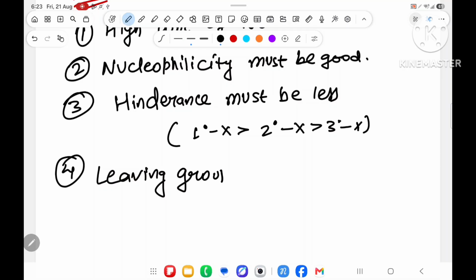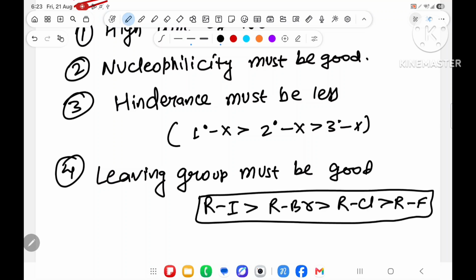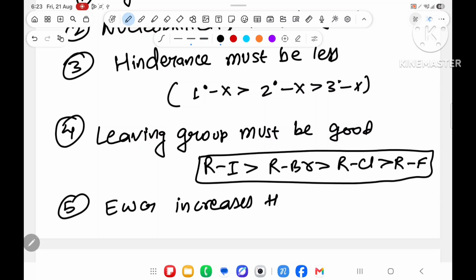Iodide will be very good, then bromide, then chloride, then fluoride. And the fifth important point, electron withdrawing group increases the rate. And this is all about SN2.